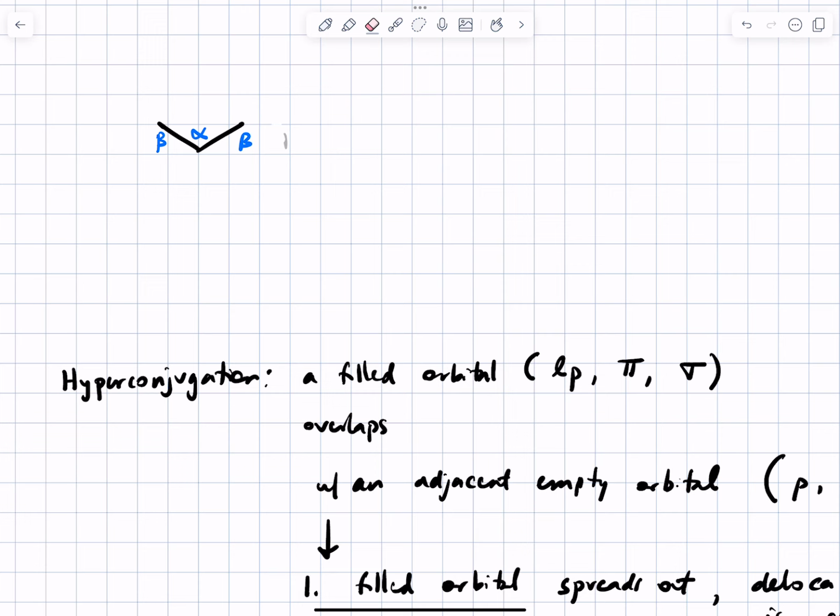Maybe what I'm going to do here will make it a little bit clearer. I'm going to go ahead and draw the carbon-bromine bond in the plane of the page. I don't think this makes a huge difference. And there's another carbon-hydrogen bond here, which I'm not going to show.